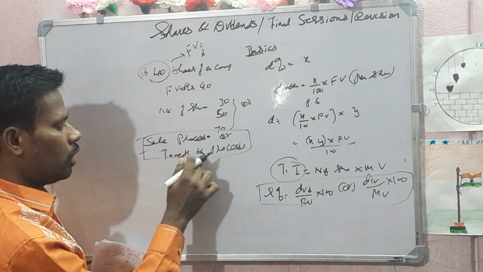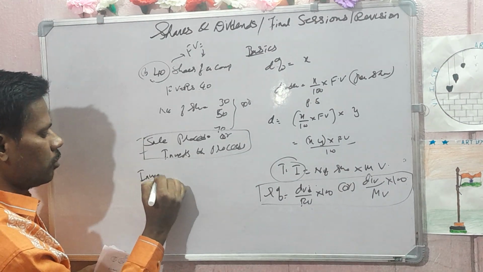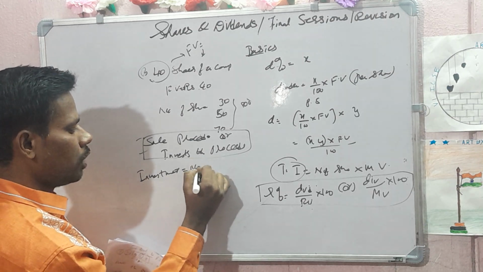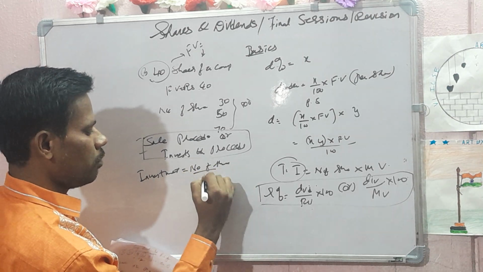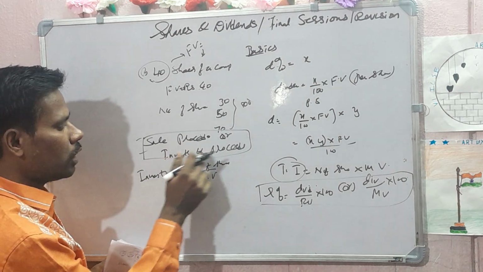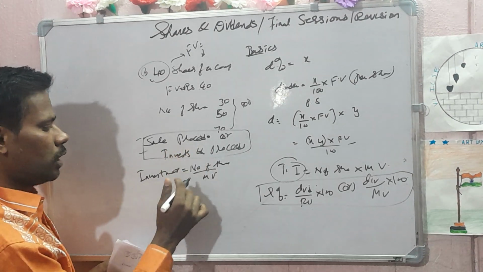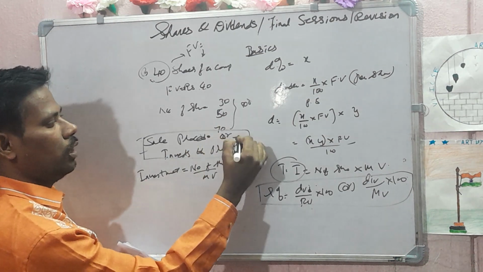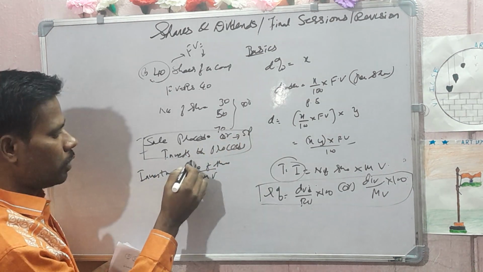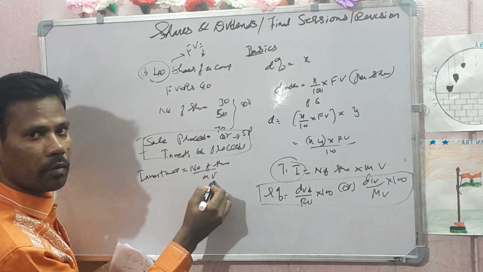Sale proceeds or invest the proceeds is nothing but investment. Investment is equal to number of shares by market value. Actually it is the selling price, but you write down investment.